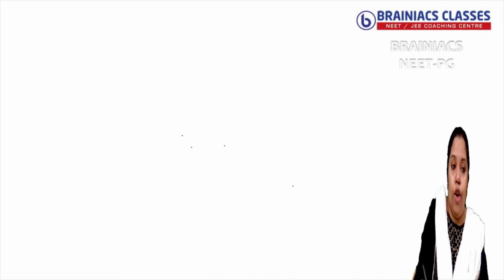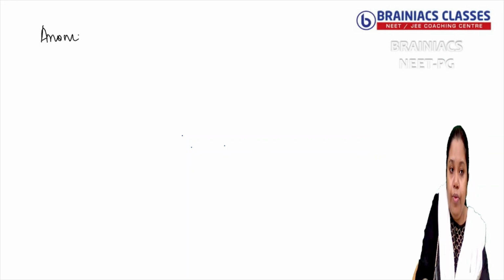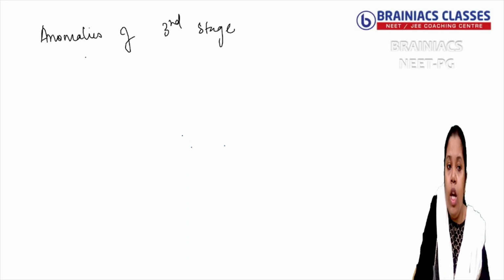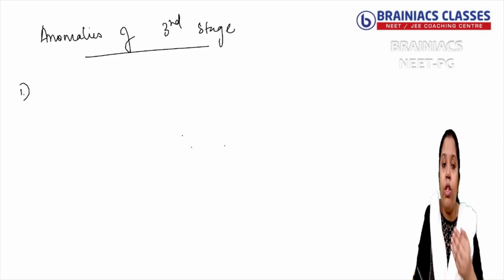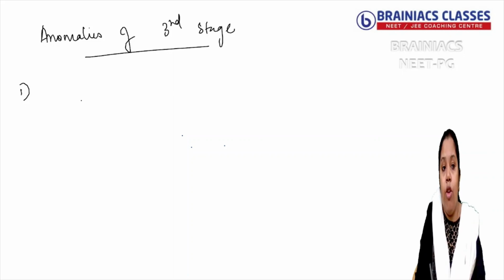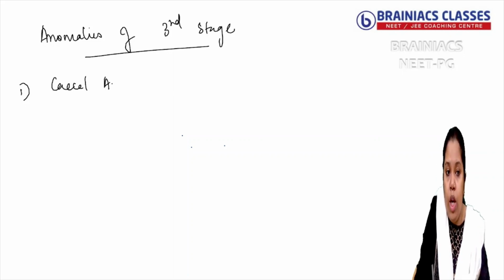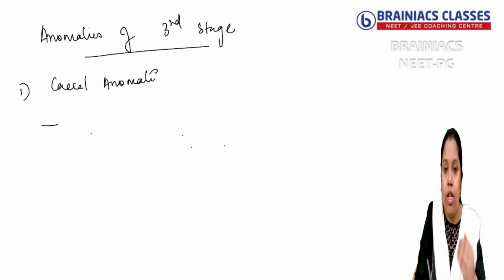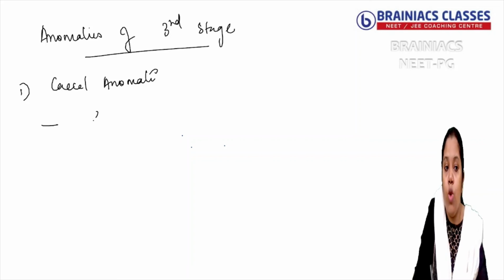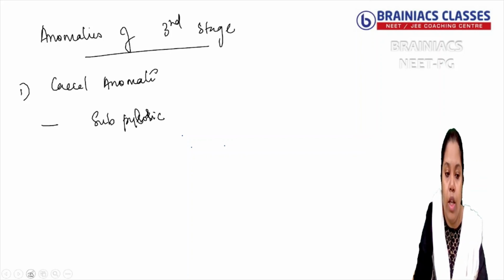Now coming to the anomalies of the third stage. The first anomaly is due to the extension of the cecum, or the cecal anomalies. What happens if the cecum doesn't migrate, doesn't extend in the downward direction? You will get a subpyloric cecum.